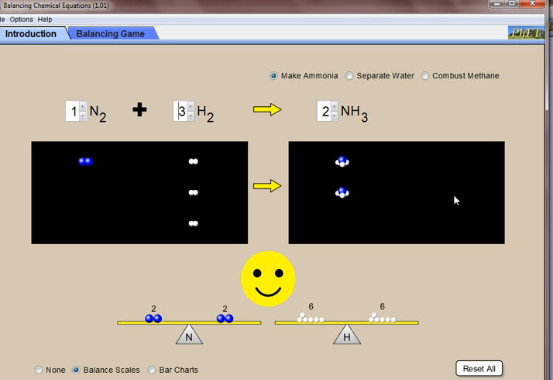Clearly the number of atoms of nitrogen and hydrogen on the left and right must remain the same. There are an equal number of hydrogen atoms and an equal number of nitrogen atoms on left and right. We can see that balance on the scale: 2 here, 2 here, 6 here, 6 here.